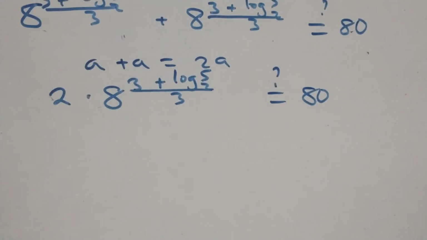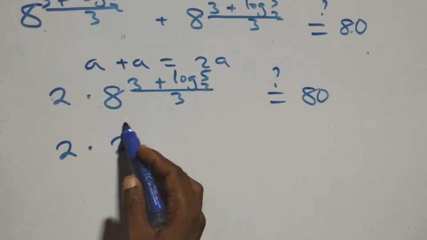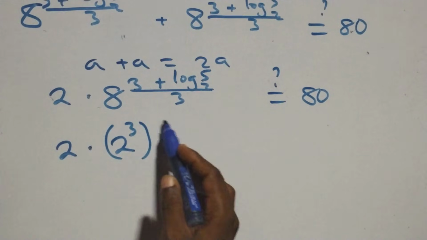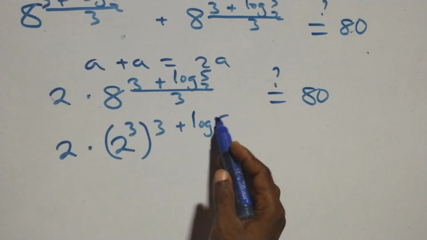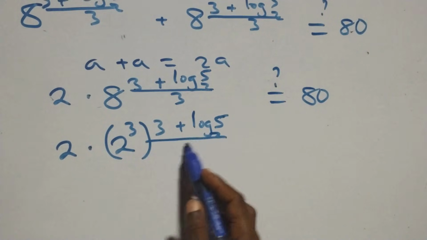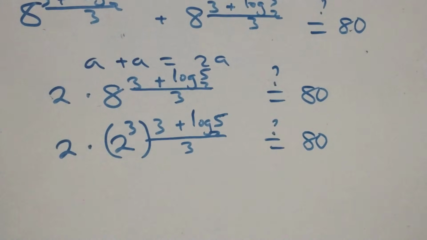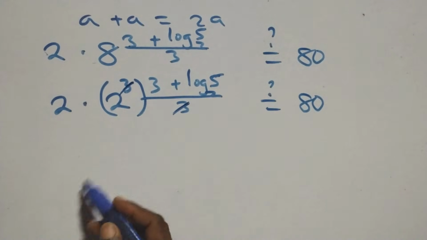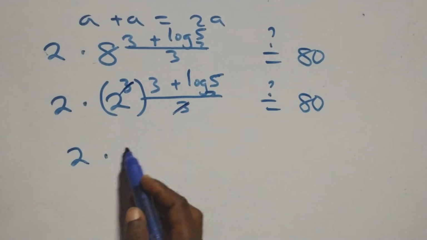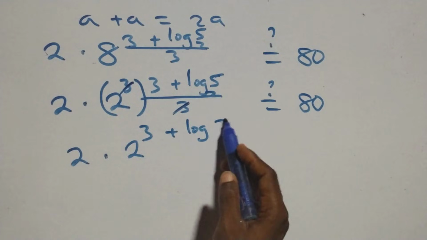Then also, 8 can be written as 2 raised to power 3, which is raised to power (3 plus log 5 base 2) over 3. Then the powers multiply, and the 3s cancel each other. This becomes 2 times 2 raised to power (3 plus log 5 base 2).